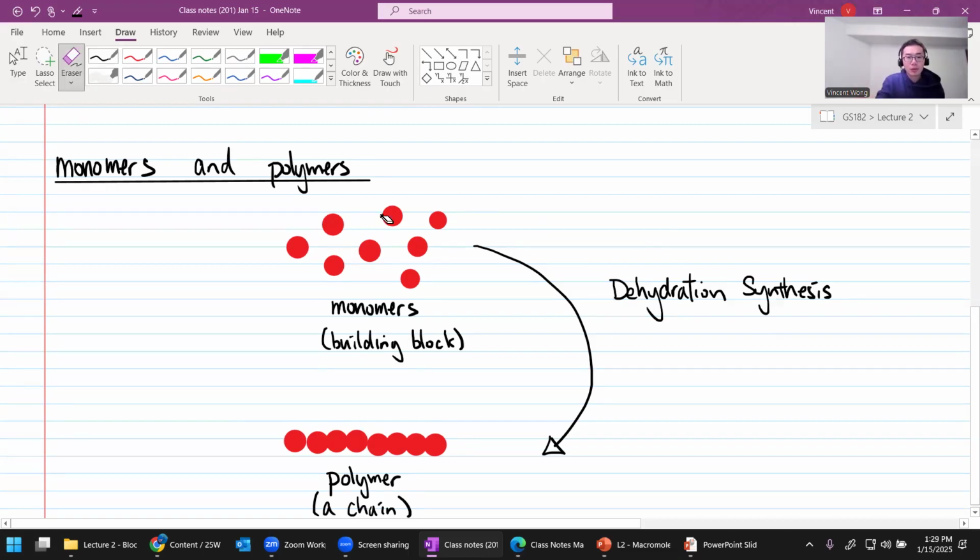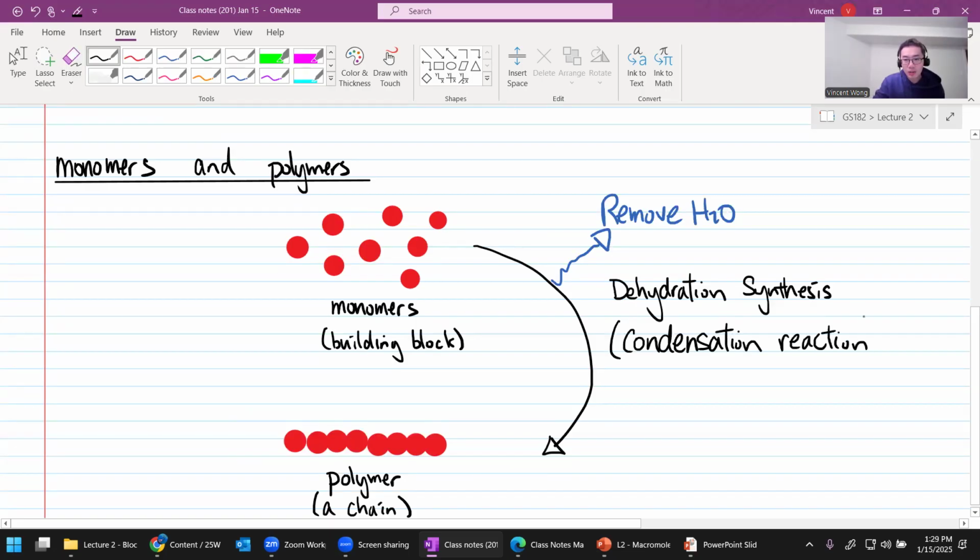So to connect these individual building blocks together, we need to remove H2O. I am terribly sorry, but there are other names for this as well, and I'm just writing it out for you in case you come across it. Condensation reaction. Think about condensation on the window, where you see the water coming out of the air. That's basically what it is. You're removing the water from it.